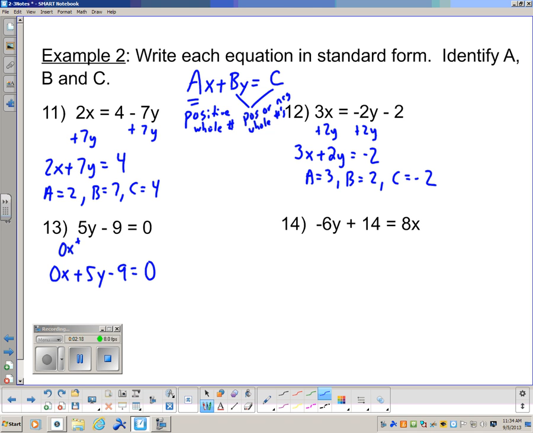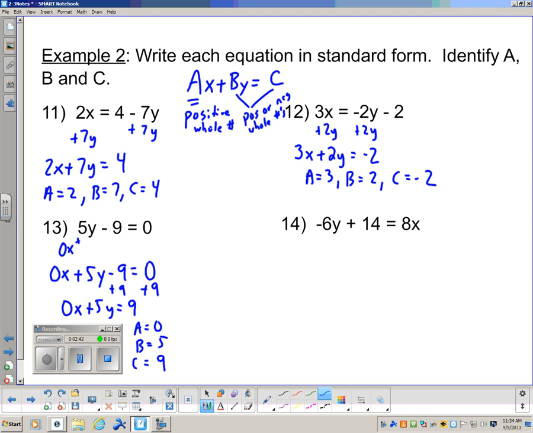And now I need to bring that constant over on the other side, so I'm going to do that. So now I have 0x plus 5y equals 9. So again, identifying the pieces here, a is 0, b is 5, and c here is 9. So I have those pieces identified.